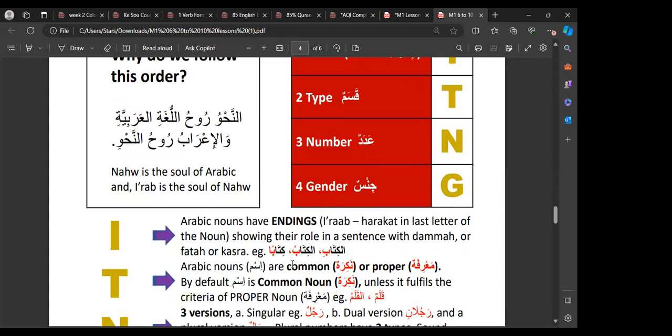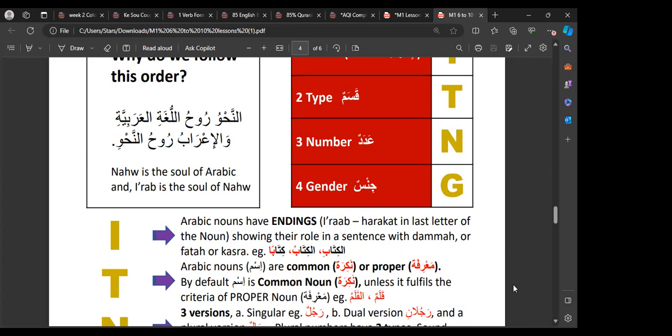What are the differences in these three words, even though they all mean book? That's why I'rab is the soul of Nahu and the soul of Arabic, to find out why there is a kasra, why there is a dhamma, why there is a fatha. This is what we're trying to learn, and this will become easy to dissect and analyze, inshallah, by the end of module 1.